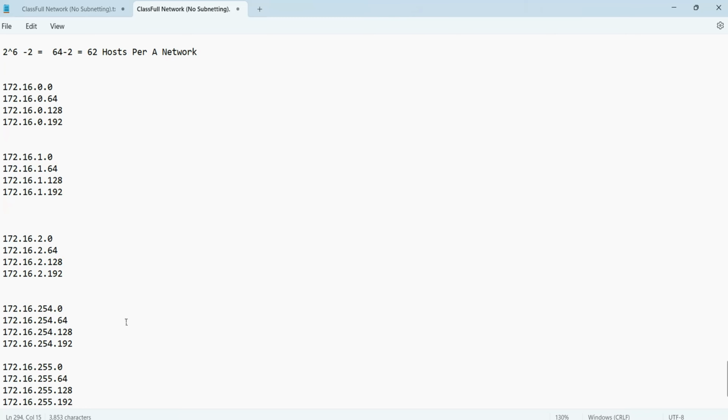Let's calculate. Think about it for a moment. Each time I'm jumping by 1, I'm jumping by 4s for the last octet. So each one of them has 4 networks, 4 networks, 4 networks, multiplied by what? From 0 to 255. How many numbers do you count if you count from 0 to 255? 256. 256 times 4.